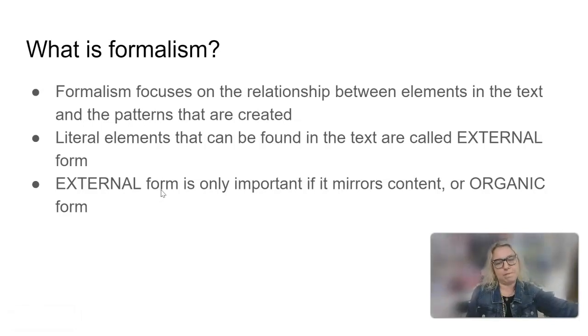It's not important then. We have to see how these things work together as a whole in order to create meaning. And so oftentimes we talk about how the external form mirrors content. How are the elements of the text similar to what the text is about? For example, maybe the text is about something that is very chaotic and hard to understand and scary.